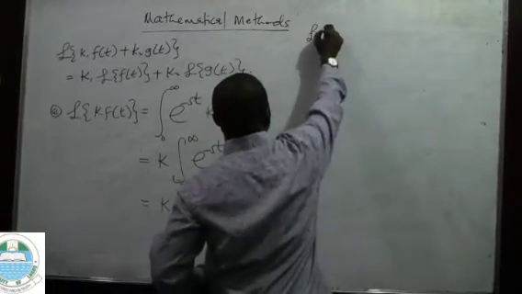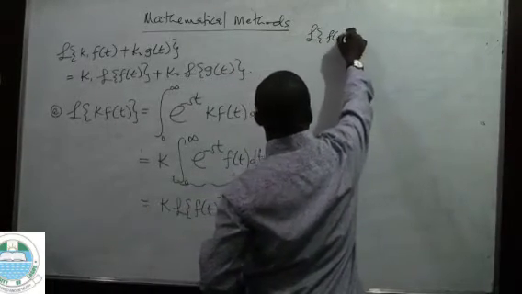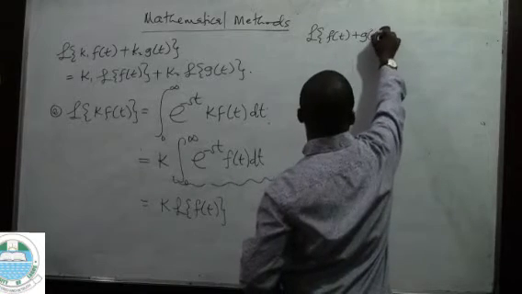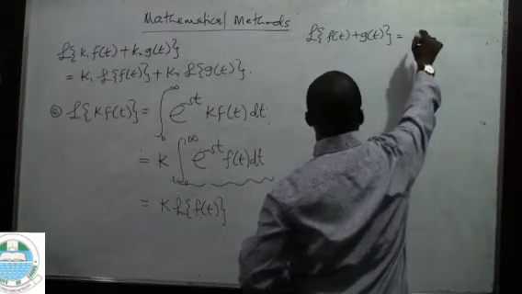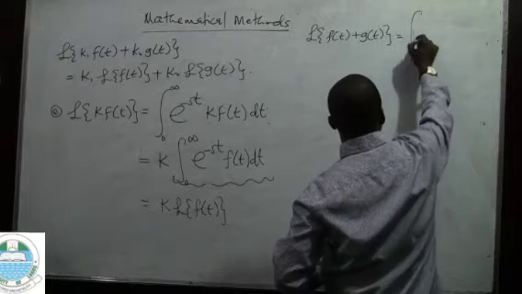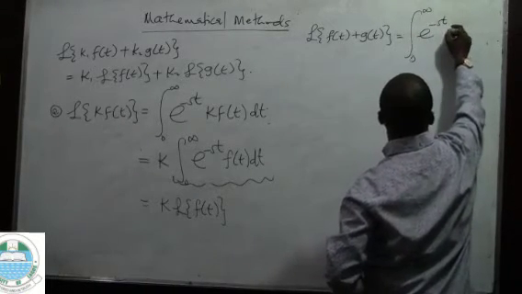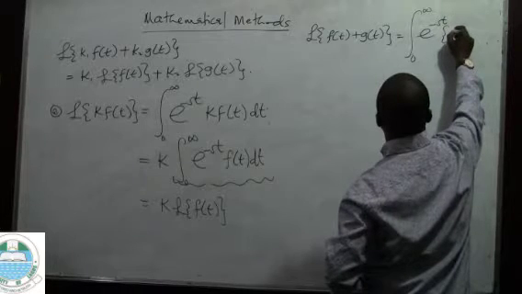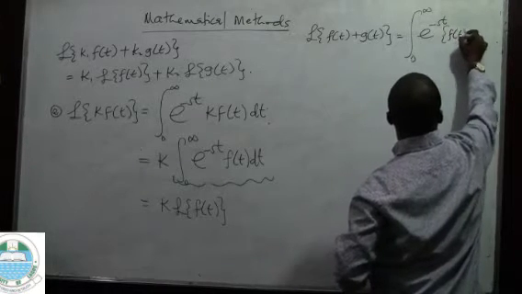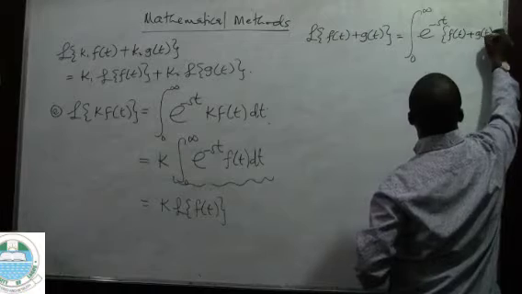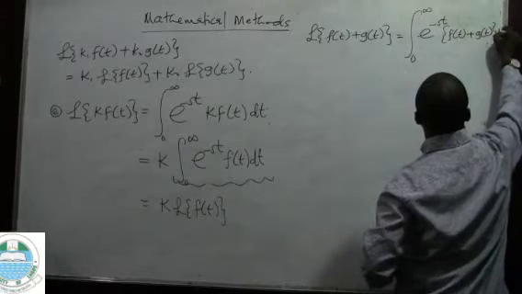The Laplace transform of this sum of f of t and g of t is defined as the integral from 0 to infinity of e raised to minus st into f of t plus g of t dt.